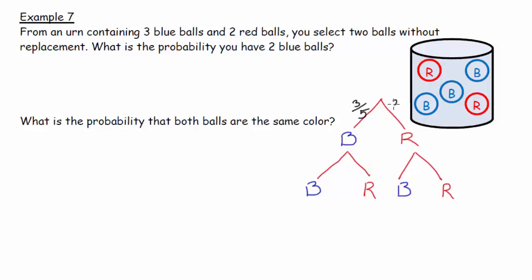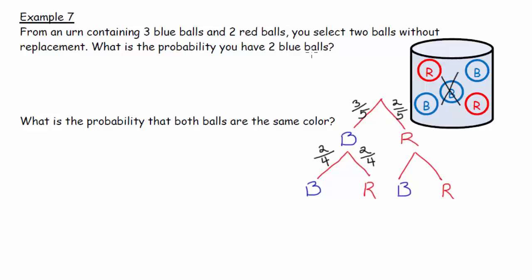And there are 2 red balls out of 5. Now I'm going to come down here to my second. I'm assuming that I got a blue ball in the first, so I'm going to mark one of these off. Now to get a second blue ball, there are only 2 blues left out of 4, and 2 reds out of 4.